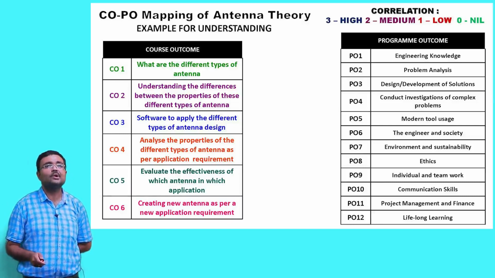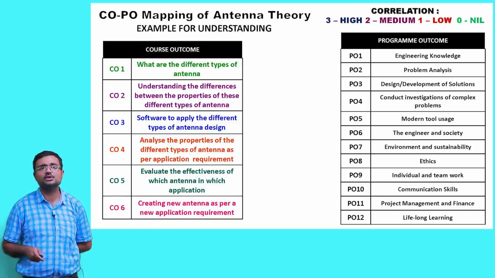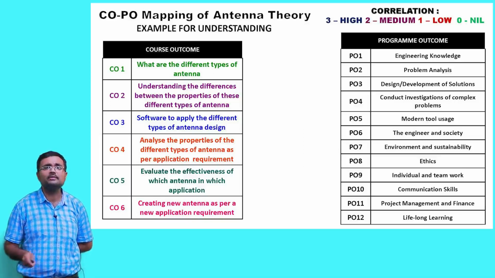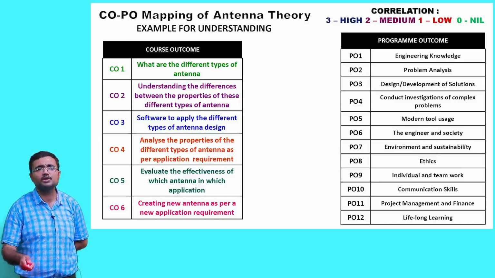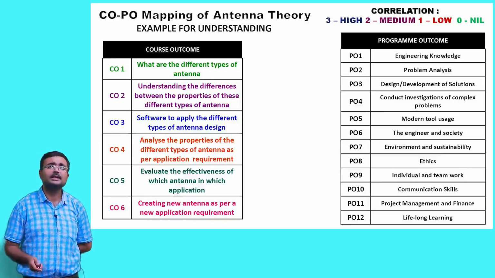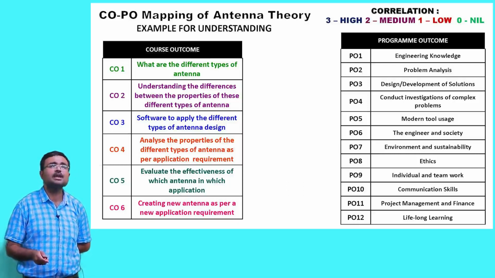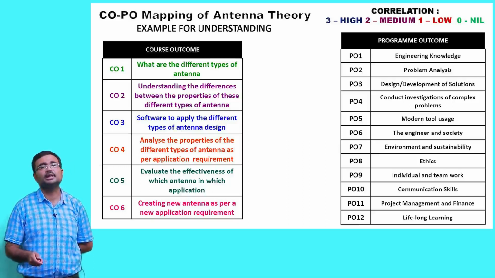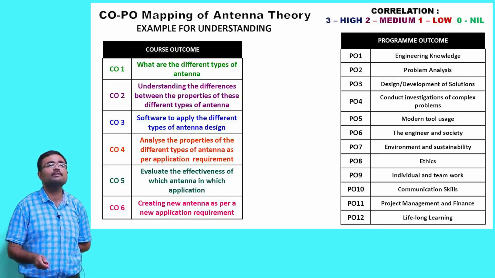For example, a course on antenna theory may not be able to cover ethics, engineer and society, or project management and finance, but it should be able to cover at least a few POs. Every CO must cover one PO or the other, otherwise there is no point of having a CO.